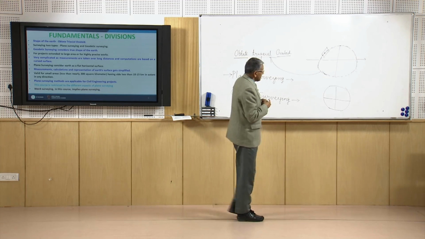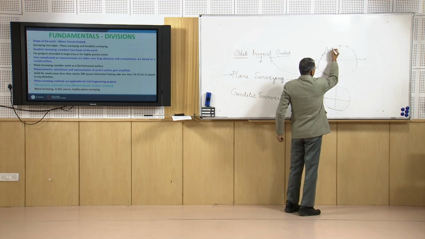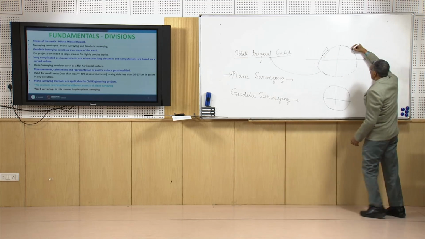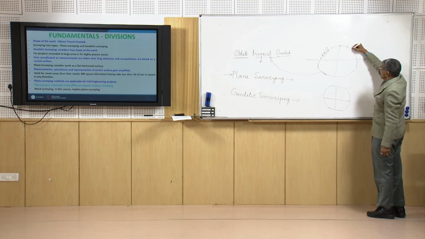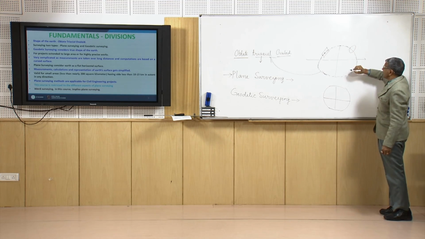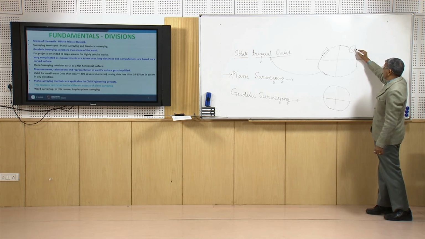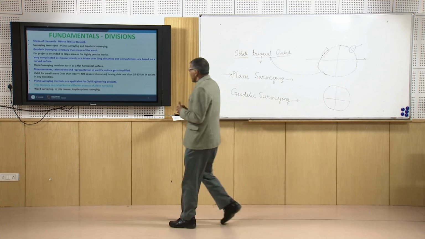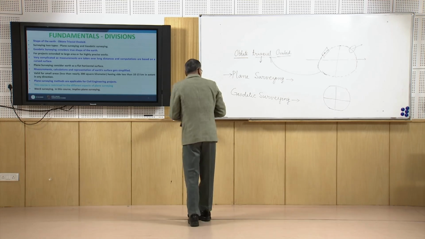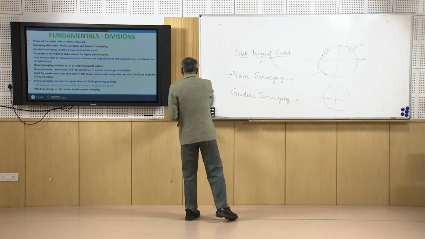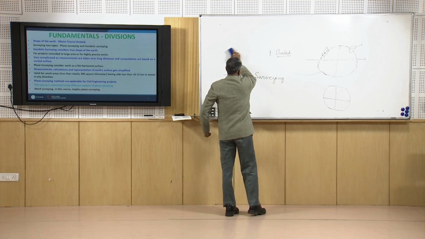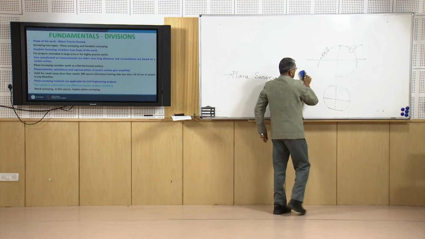Suppose this is the location, if I take a small area like this, there will not be any difference between a curved surface and a plane surface. Now in case of plane surveying, the surface of the earth is always taken as horizontal in nature.